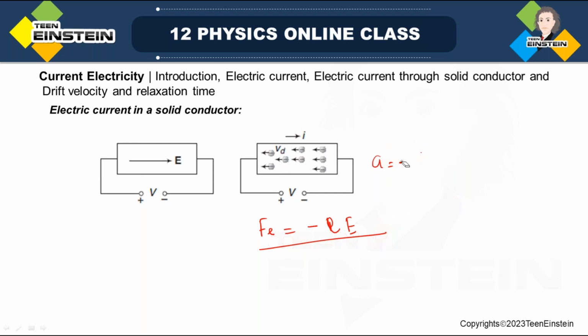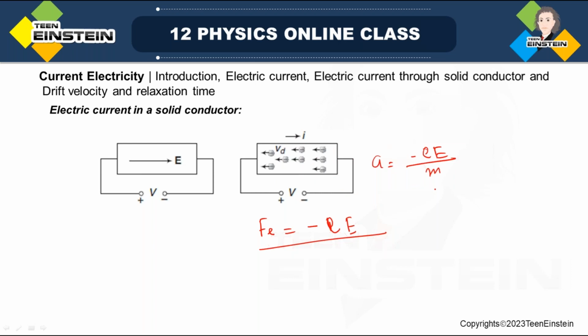Acceleration will be force by mass. This is the acceleration experienced by those electrons.